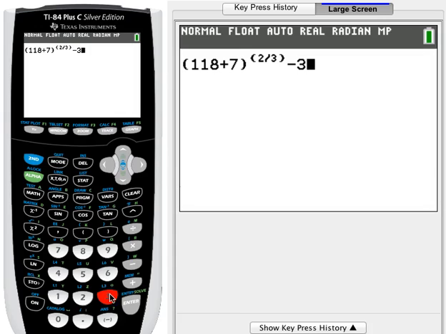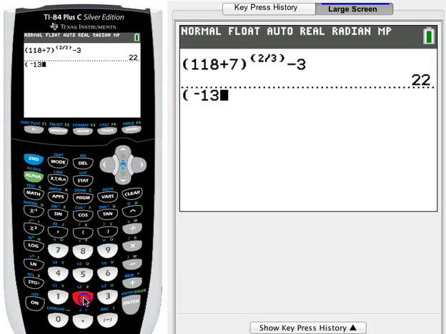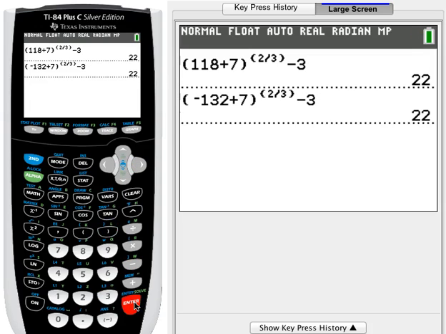When I do that calculation, I should get 22. Okay, and I should get the same thing when I use negative 132. So I also type that in. Oh, and that checks out as well. So again, it's super nice to go back, check your work, make sure you're getting the right answers here.